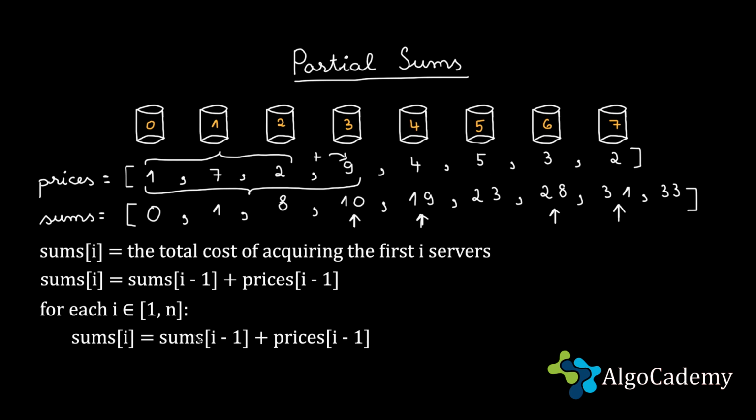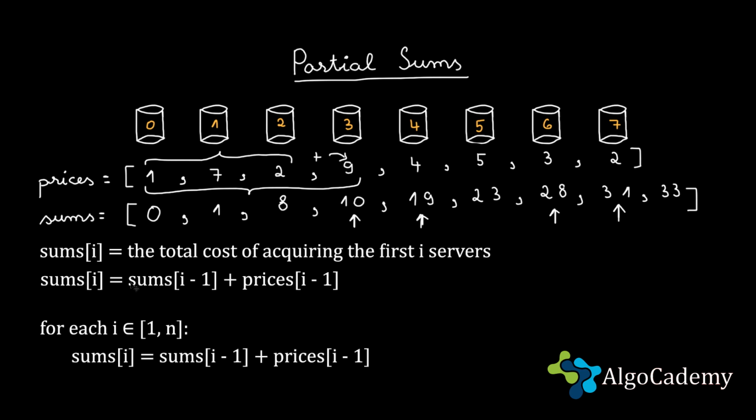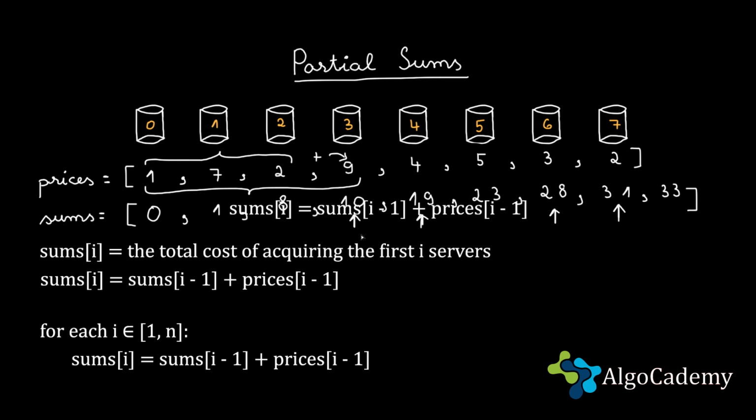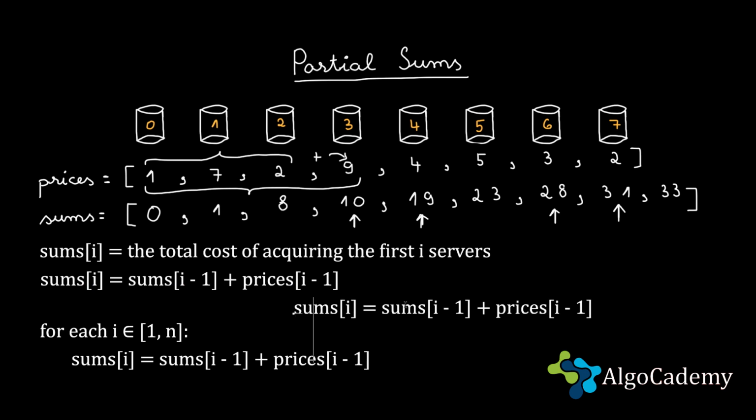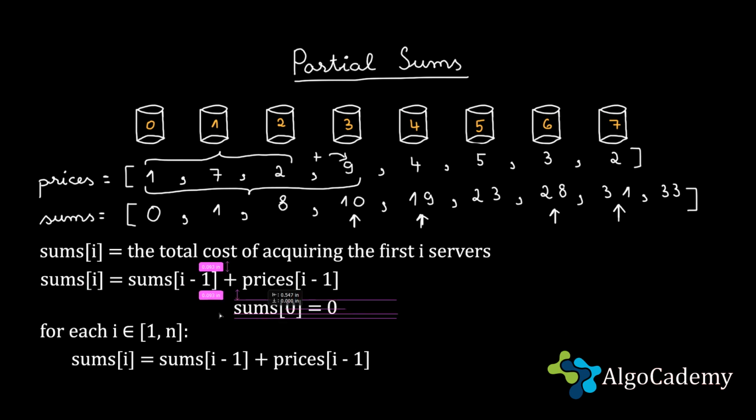We don't suppose it's initialized with something or stuff like that, but make sure that sums of 0 is 0, at least that one should be, right? So if I were to move this a little bit here, one more thing that I'd like to add is that sums of 0 will be equal to 0, right? And this is it. Awesome.